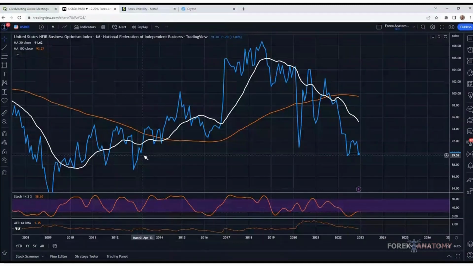And last week we saw a slew of PMI data, both manufacturing and services PMI, showing that the economy is in contraction and that business sentiment and activity are low. So this is a troubling sign.